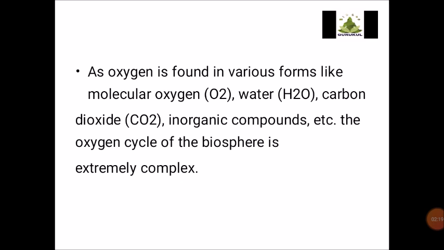Now, oxygen occurs in various forms. Okay, in the form of molecular oxygen, that is normal O2, in the form of water, that is H2O, in the form of carbon dioxide, CO2, and in many inorganic compounds also oxygen is present. Okay, and the oxygen cycle of the biosphere is extremely complex.